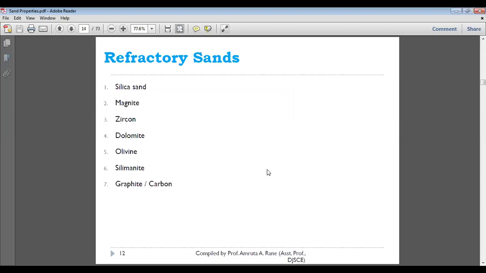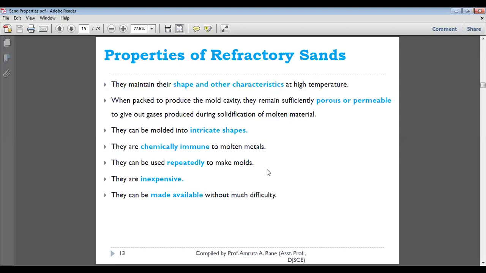Refractory sands are silica sand, magnetite, zircon, dolomite, olivine, sillimanite, graphite, carbon. Properties of refractory sands are those that we have earlier discussed: they can be molded into intricate shapes, chemically immune, reusable repeatedly, inexpensive, cost effective.